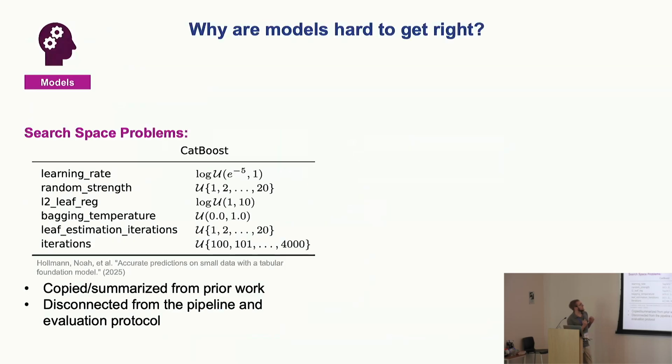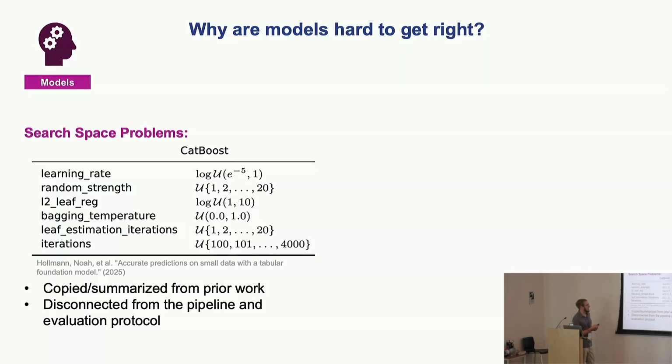For models, modeling traditionally has been hard to get right. A lot of the benchmarks tried XGBoost, CatBoost, MLPs, but the problem is that the search spaces often aren't actually very good. And oftentimes the justification for the search spaces has been that a prior benchmark that was cited a lot used it, so we'll use it, right?